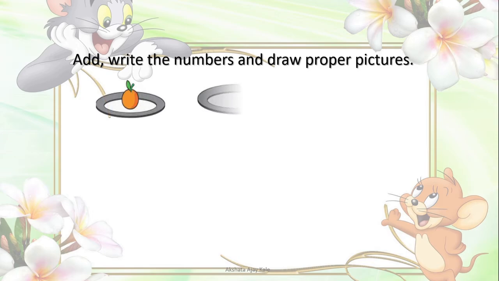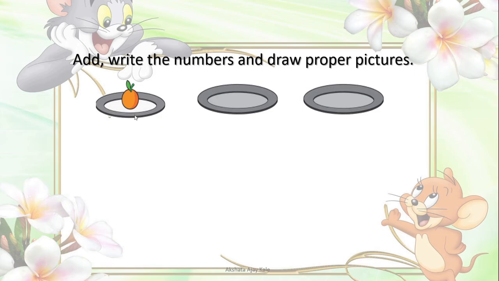Okay. Here 1 fruit. Here nothing is there. Here we have to find the answer. Okay. What we will do? First we will make boxes here. Okay. Whatever is there in the plate, that we will count. Here 1 fruit. So let us write here 1.